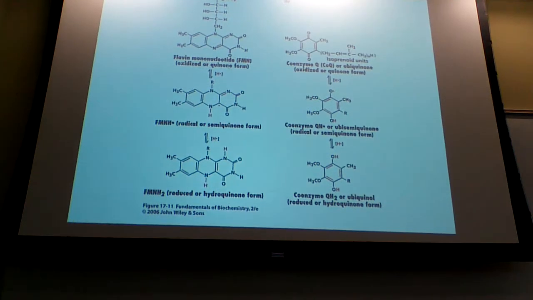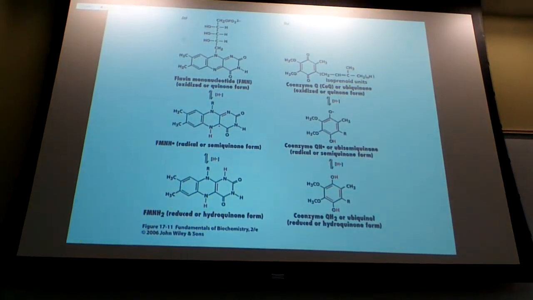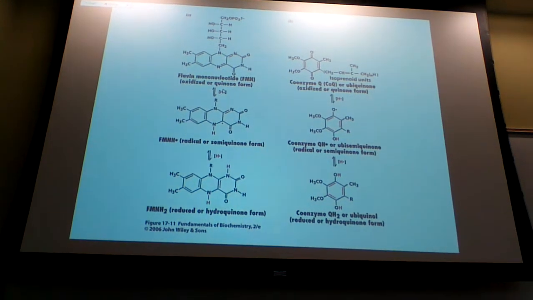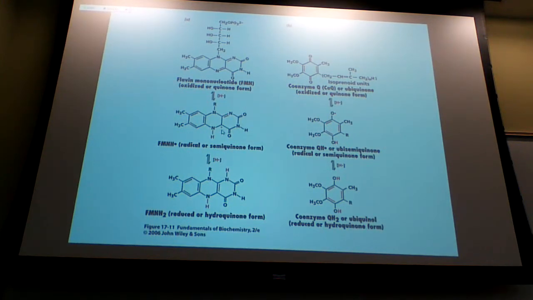Our flavin mononucleotide, this is our FMN, and this is the oxidized form, and it can accept 1 electron to make a free radical, or it can accept both to make the reduced form of the FMN, so it can pass 1 or 2 electrons at a time. And then coenzyme Q, which is our final destination at the end of complex 1, same thing. It can accept either just 1 to make the semiquinone, which is the free radical version, or it can take 2 to be fully reduced.